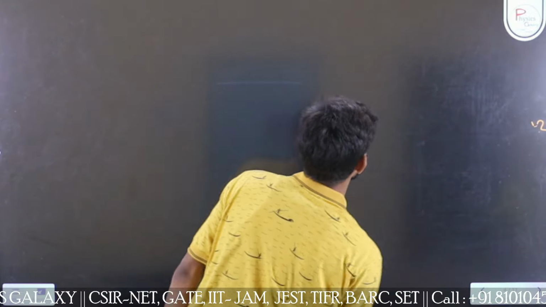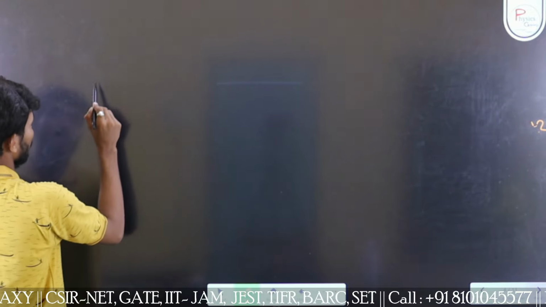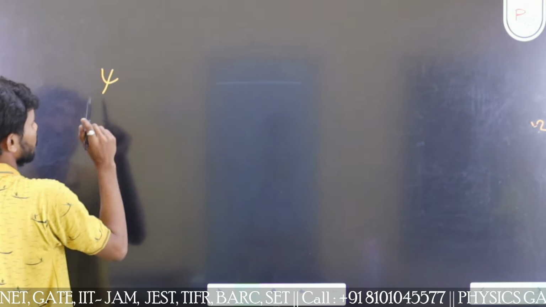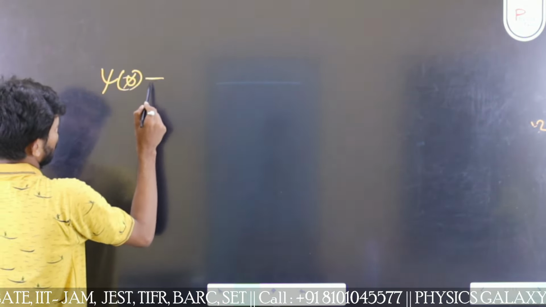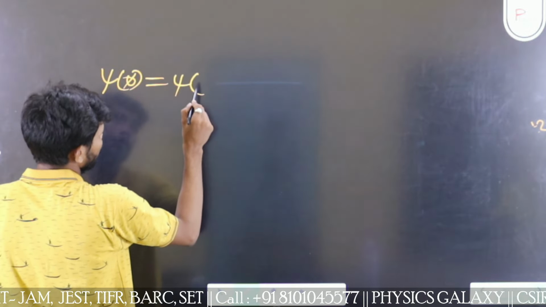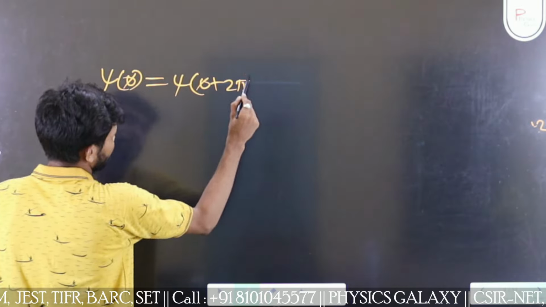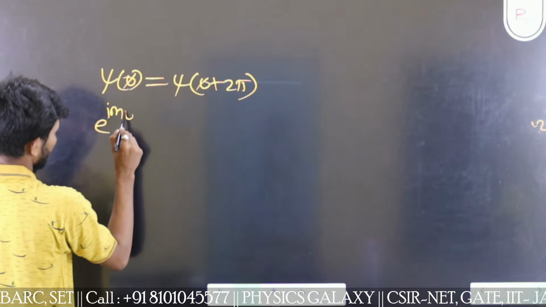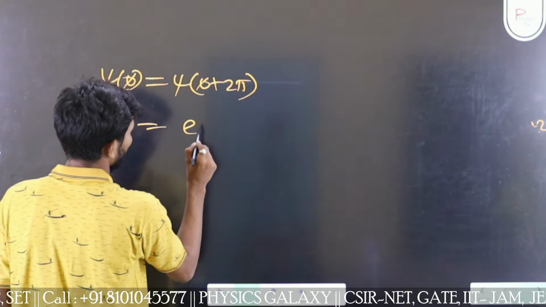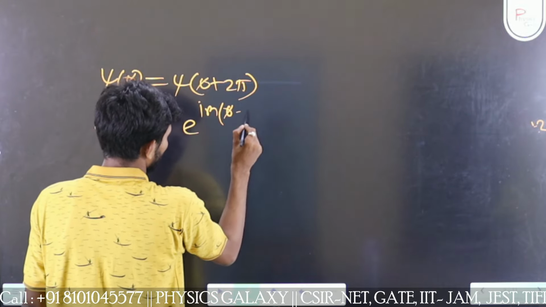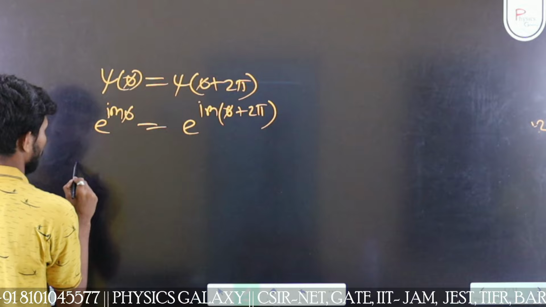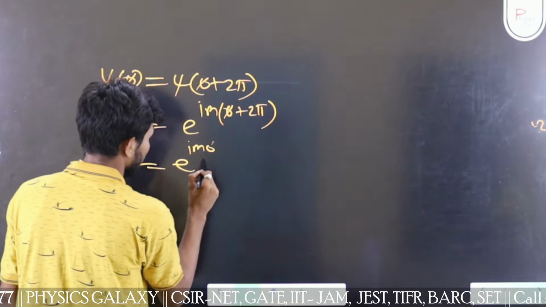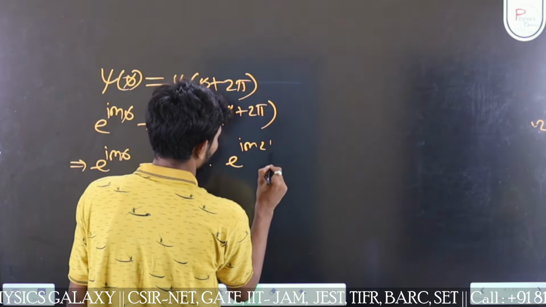we know that for a particle in a ring, the wave function repeats itself after a period of 2 pi. So psi of phi is equal to psi of phi plus 2 pi, that is, e to the power i m phi is equal to e to the power i m (phi plus 2 pi), which is e to the power i m phi times e to the power i m 2 pi.